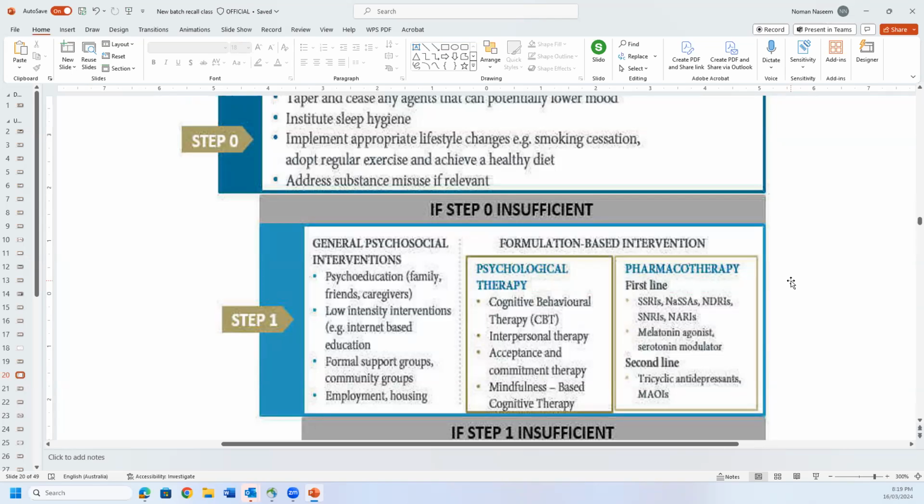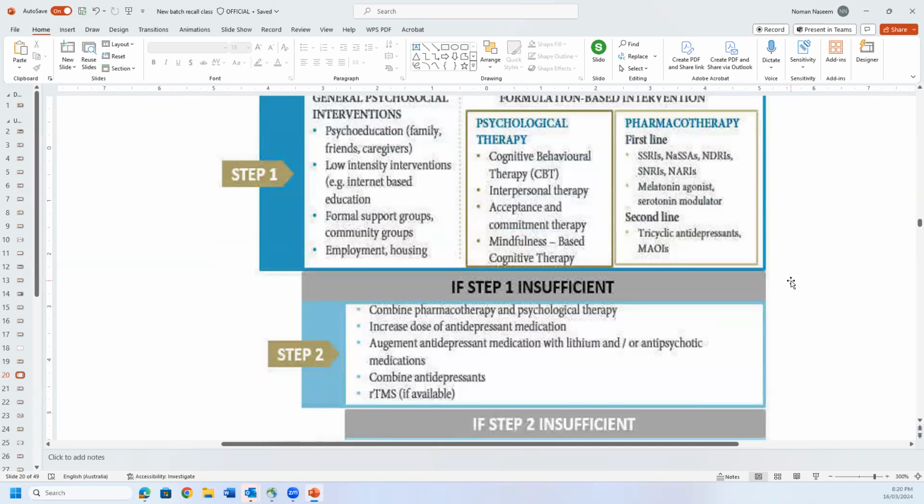And if cognitive behavioral therapy is not working, then you combine it with pharmacological therapy, for which the first line is SSRIs, SNRIs, NDRIs. These are all antidepressants, or melatonin agonists and serotonin modulators. Second line are the TCAs and MAO inhibitors. If even the pharmacological therapy for at least 6 to 8 weeks, the patient should be on them consistently.